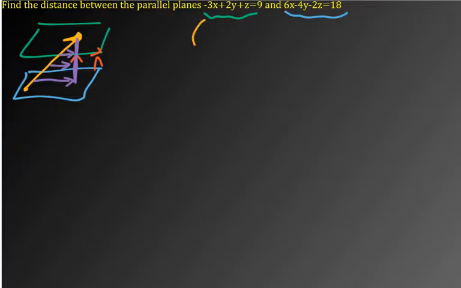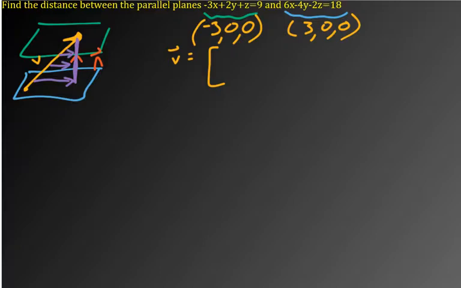So to start off, I'm going to get the points on the plane. I always try to look for an easy point. So definitely (-3, 0, 0) is on that first plane. And then over here, (3, 0, 0) is on that plane, since 6 times 3 is 18, and then you just pop in zeros here. So my vector v, my yellow vector, is just going to be (-6, 0, 0).